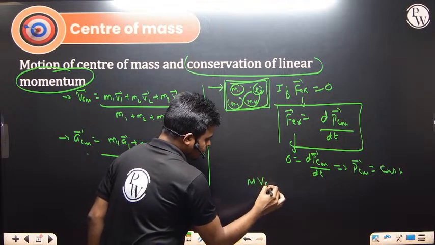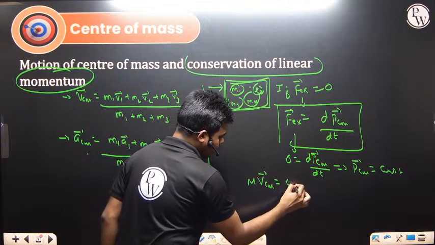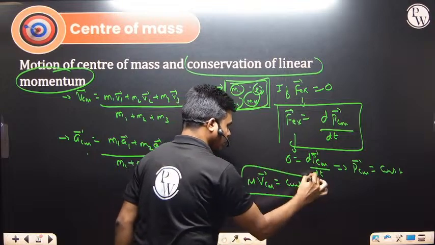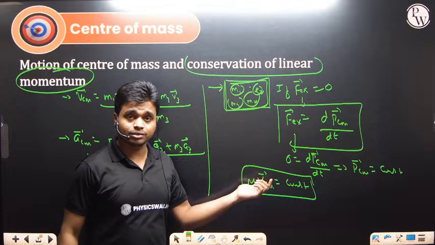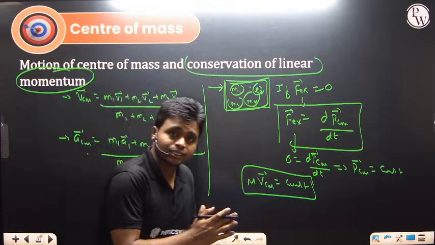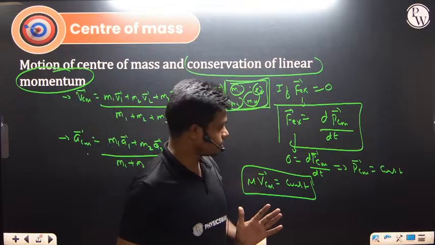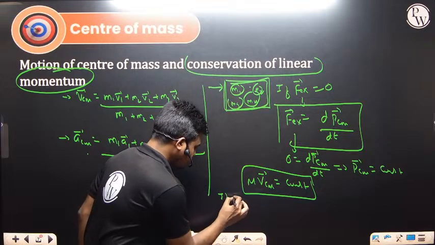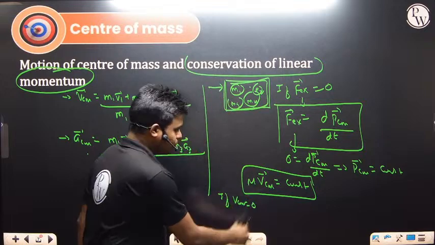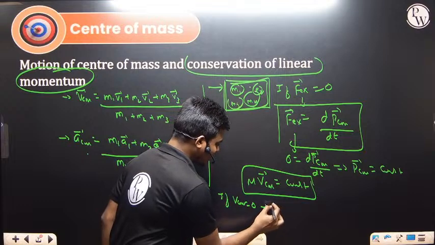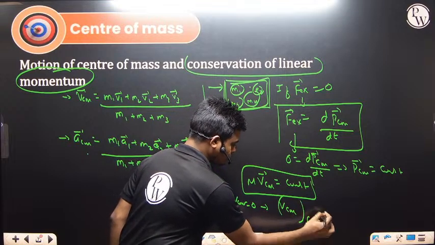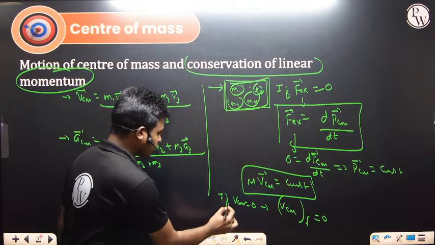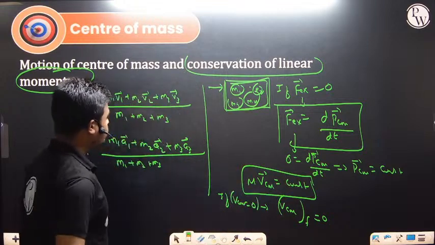M into VCM, that value will be constant, where M is the mass and VCM is the velocity of center of mass. If VCM is 0 initially, then finally also VCM will be 0, because velocity of center of mass is constant.